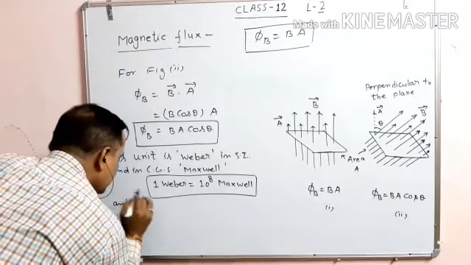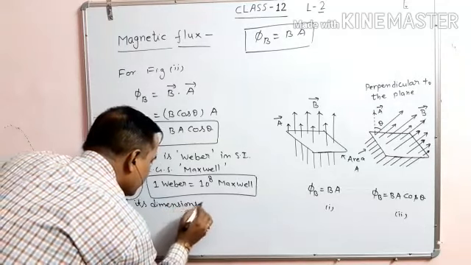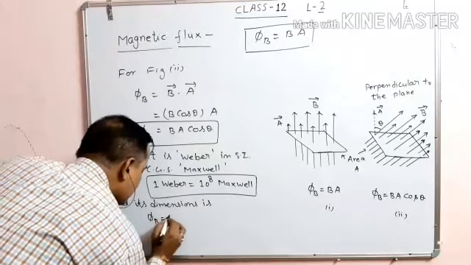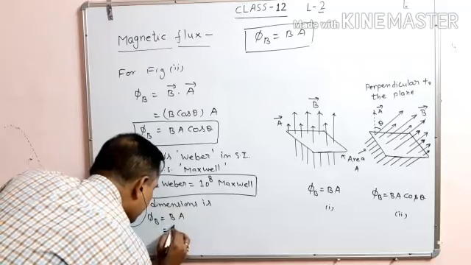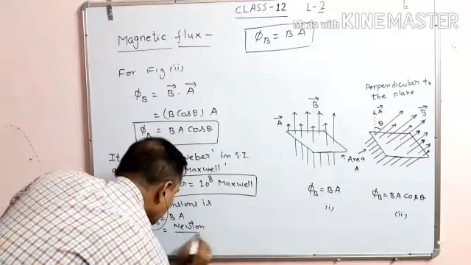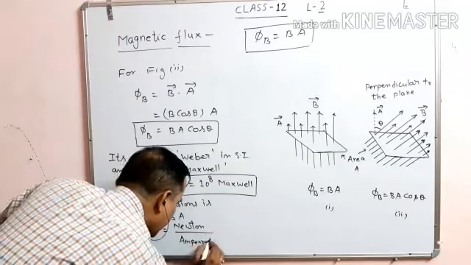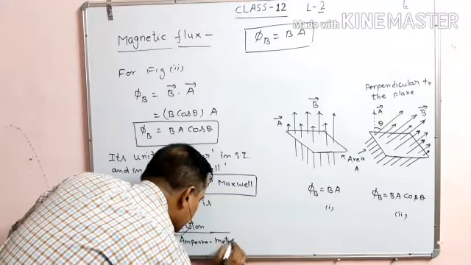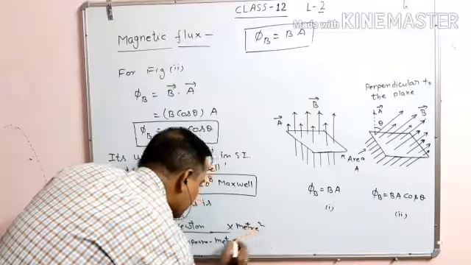And its dimension is: flux, magnetic flux, is equal to B into A. So the unit of B is Newton per ampere meter, into area, meter square.